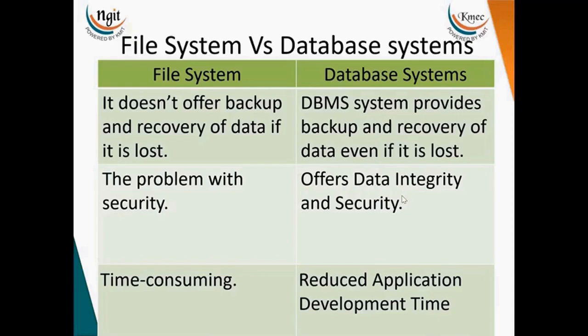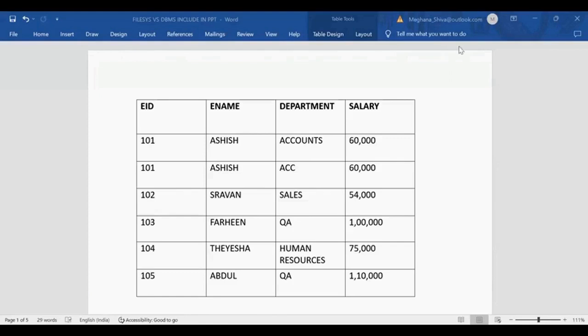Data integrity means imposing certain constraints or conditions on the data. Let me take an example and tell you what data integrity means. Assume that among 100 records, I want to know which employees are working in the sales department. How do you do this when the file is stored in a file system? We don't have any commands to retrieve the details of employees working in one particular department.